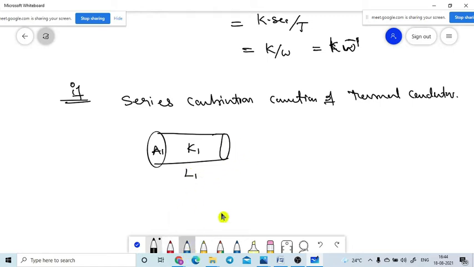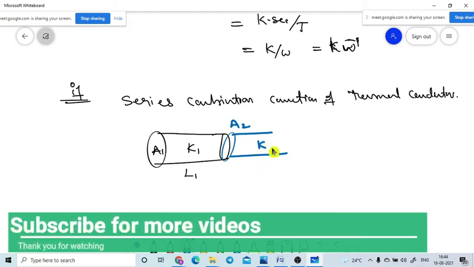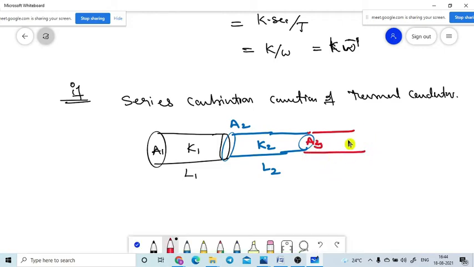Another slab is connected to it, with area of cross section A2, thermal conductivity K2, and length L2. Again I am taking one more slab with area of cross section A3, thermal conductivity K3, and length L3.